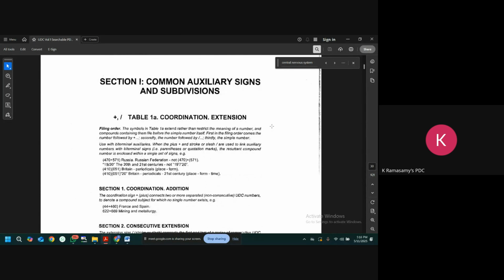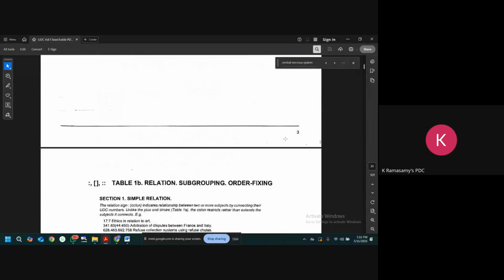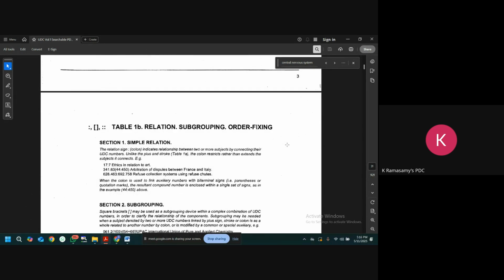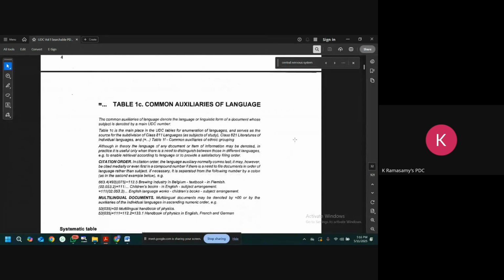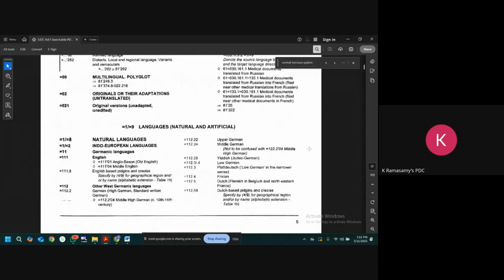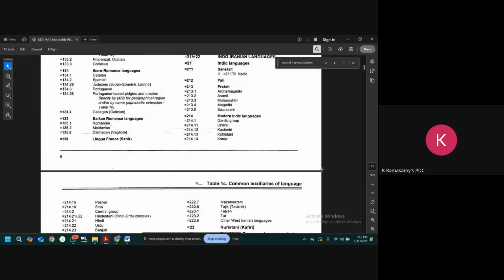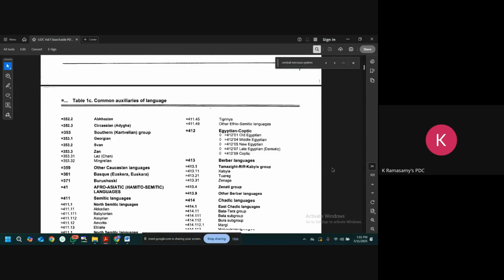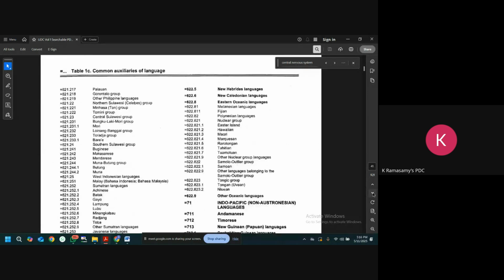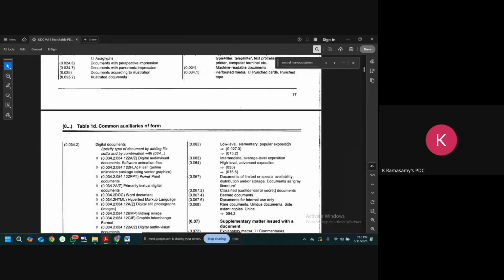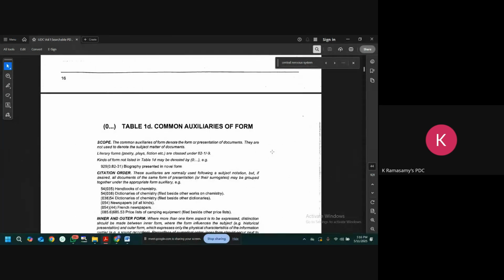Table 1A talks about 2 signs. Table 1B talks about 3 different kinds of sign that can be used for constructing numbers. Then table 1C stands for languages, where they have listed all the languages. Once table 1C is over, then we have table 1D, common auxiliaries of form.